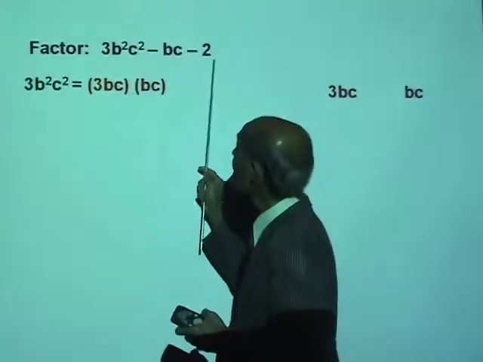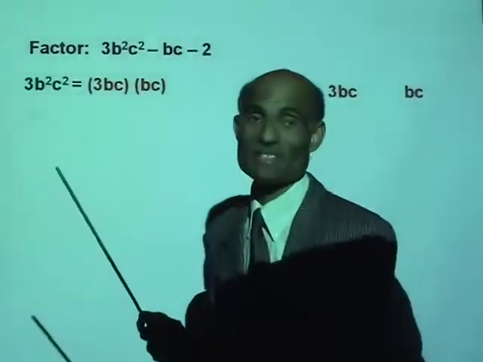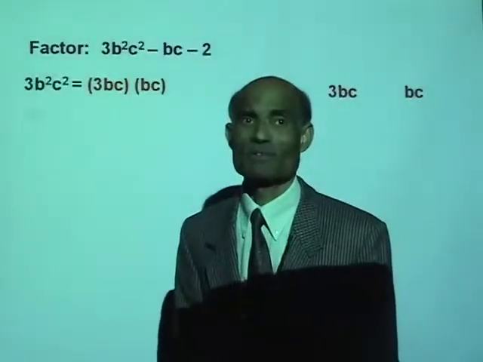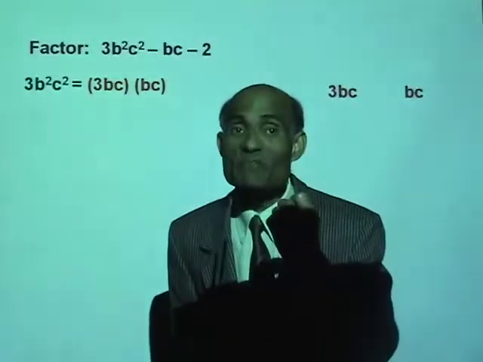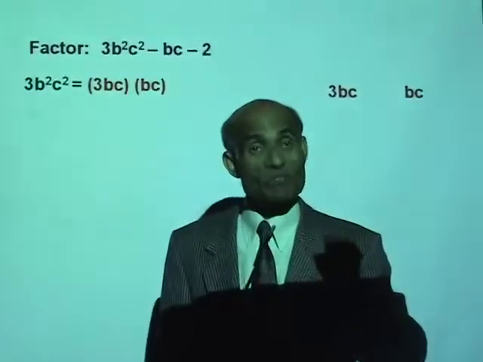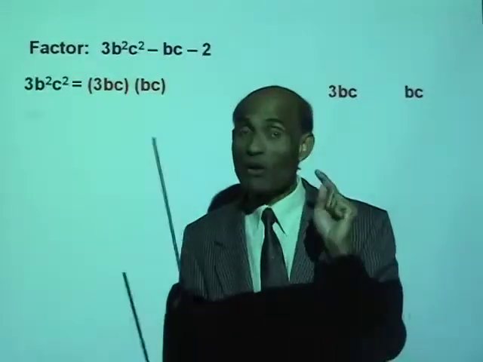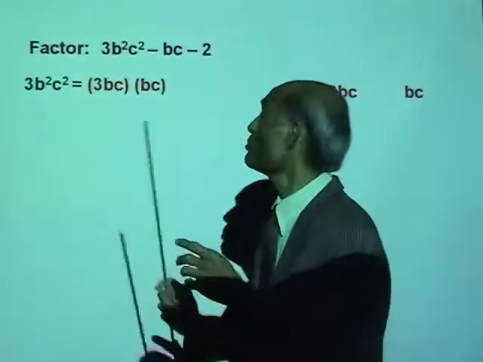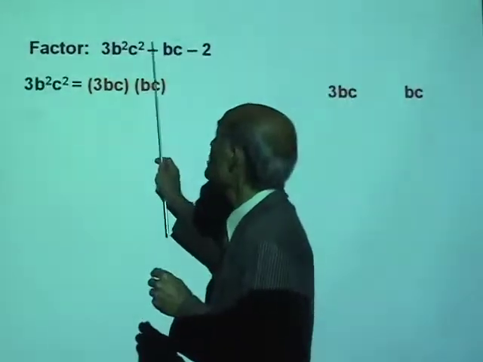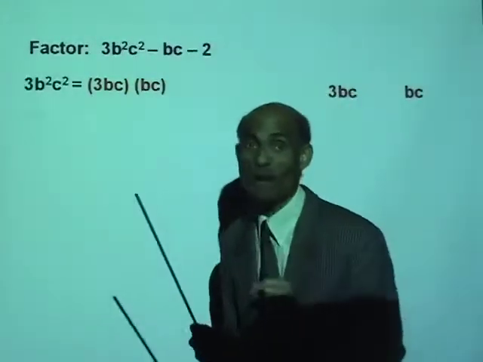Okay, we now need to factor negative 2. A negative number can be factored only as a positive number times a negative number. And now, when you add, you must get a negative bc. Now look at the way I'm going to talk about it.